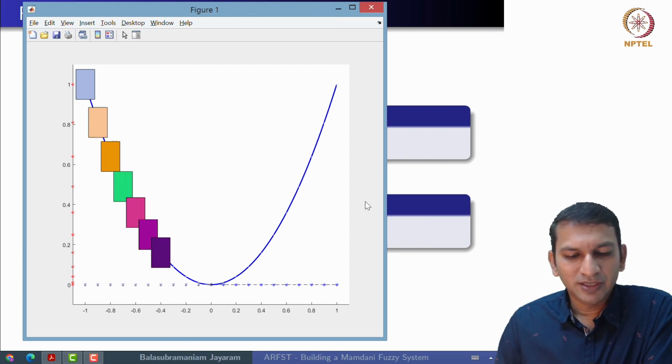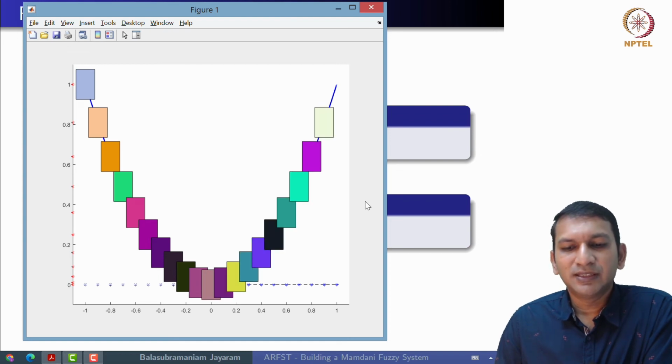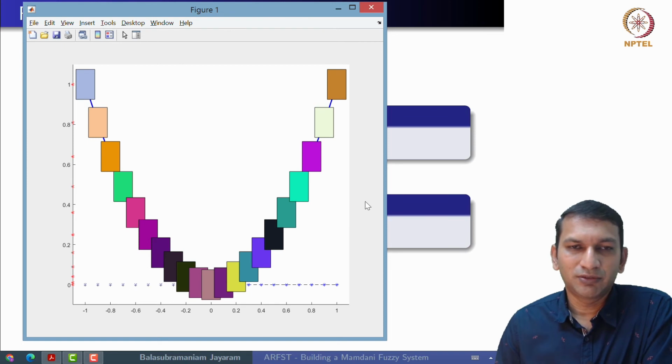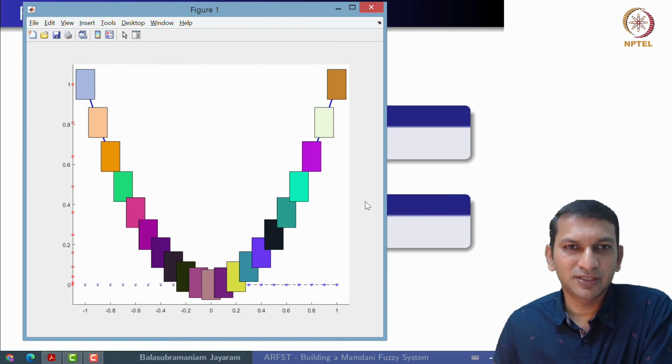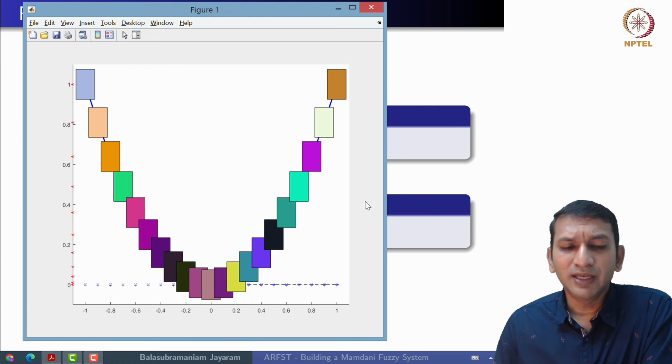These are the rule patches that we would get if we fix the width of the supports, assuming that we are considering triangular fuzzy sets. The width of the support is to be equal on the corresponding domain.